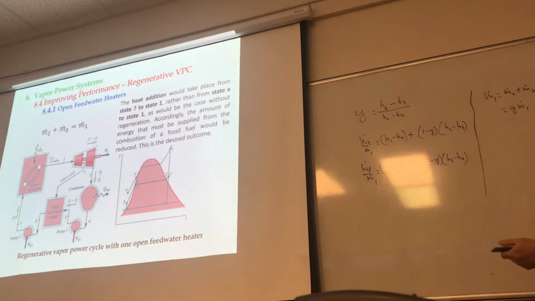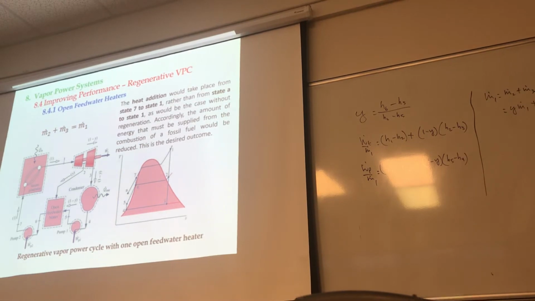And m dot 3 is equal to 1 minus y times m dot 1. So now when you look at the energies, for example, right?